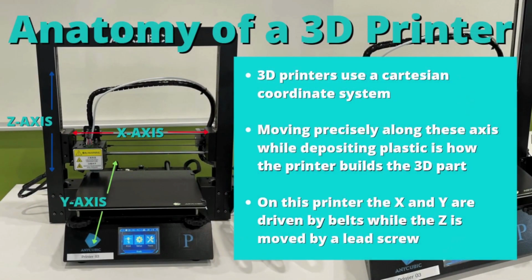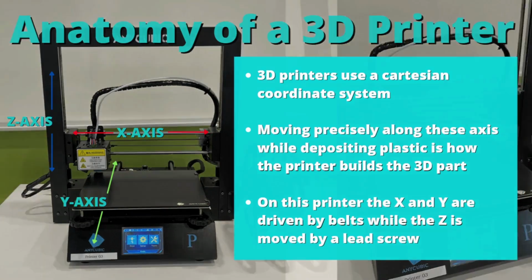3D printers use a Cartesian coordinate system. Moving precisely along these axes is what allows the printer to deposit plastic in a precise manner. On this particular printer, the X and Y axis are belt driven, while the Z is lead screw driven.